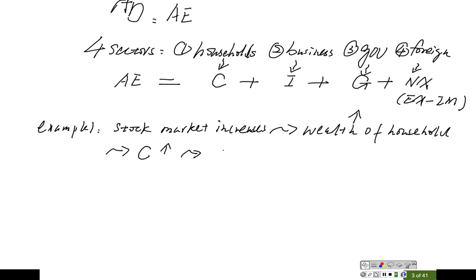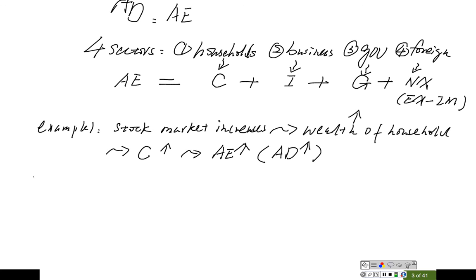If other factors remain the same, we can see the aggregate expenditure also increases. Because the total expenditure on the goods and the services goes up, it means the total demand, or aggregate demand, goes up as well. So that's how we can analyze the impact of the event on the aggregate demand.